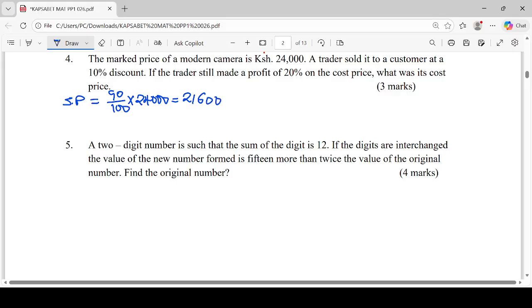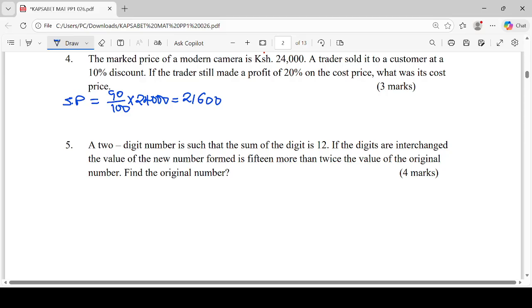That is the selling price of that camera. But now, we are being told that even after selling it at 21,600, still the trader made a 20% profit on the cost price.